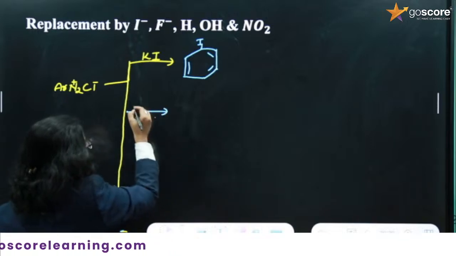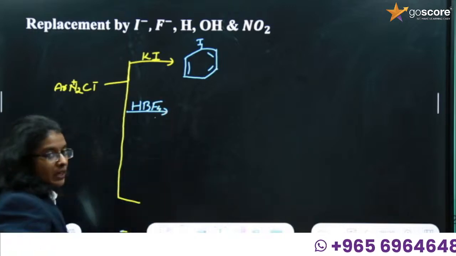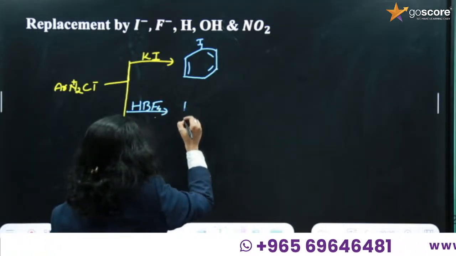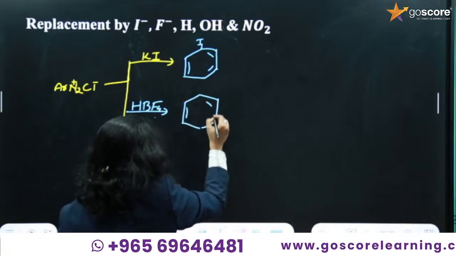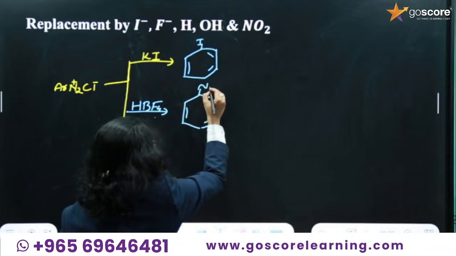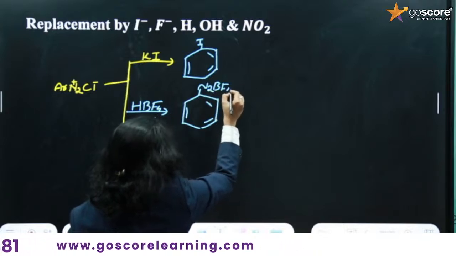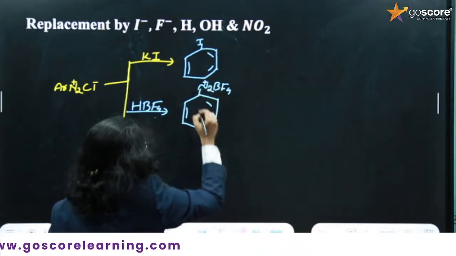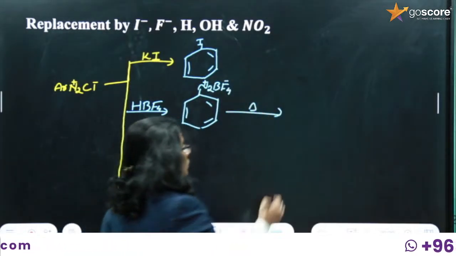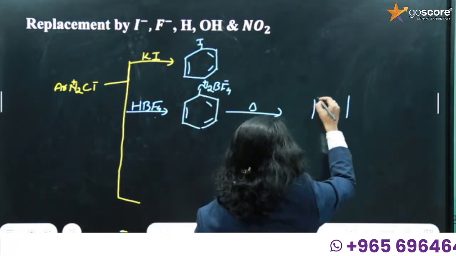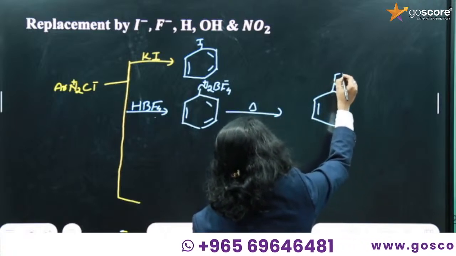If you are reacting with fluoroboric acid, that is HBF4, you will first get benzene diazonium fluoroborate, that is N2 plus BF4 minus. This on heating, you will get fluorobenzene.